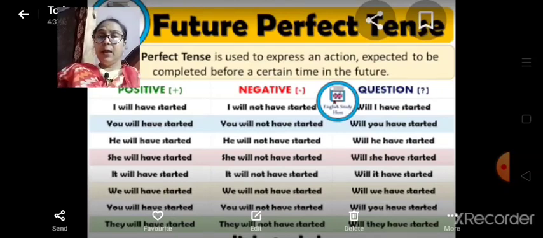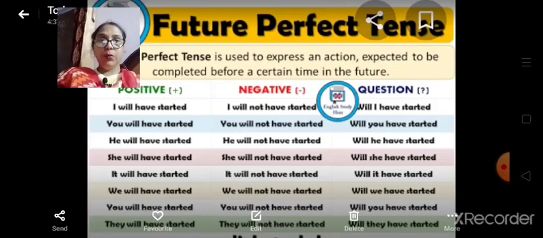Take one sentence and you can form it in three different forms: the positive form, the negative form, and the question form. So here a very good example is given and you can go through it.